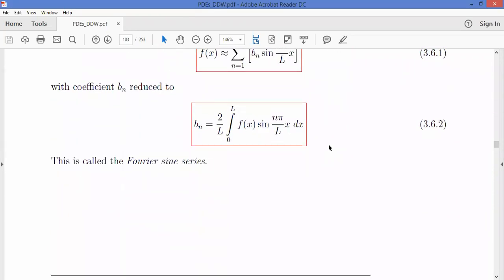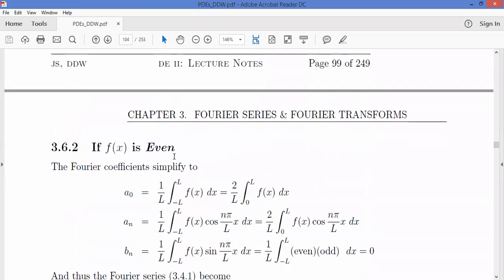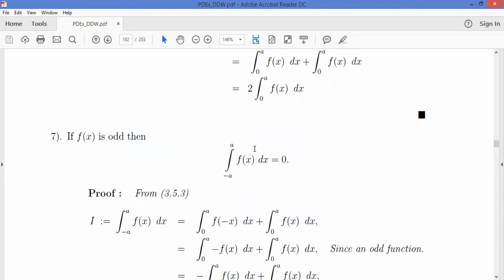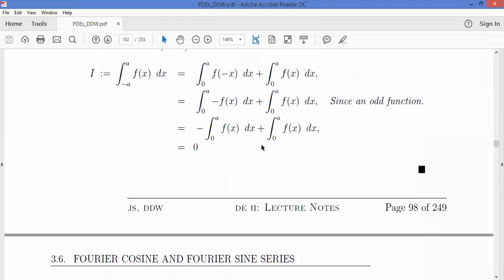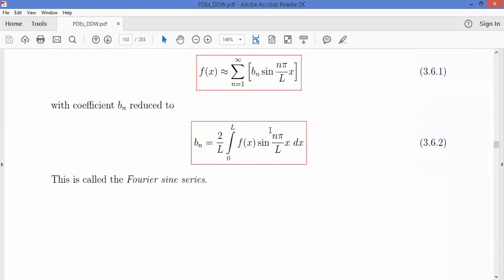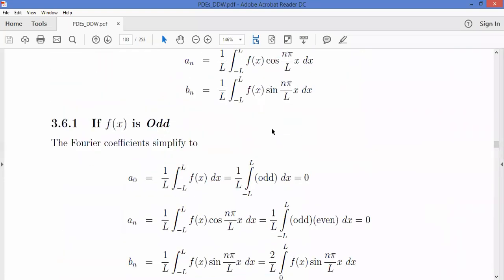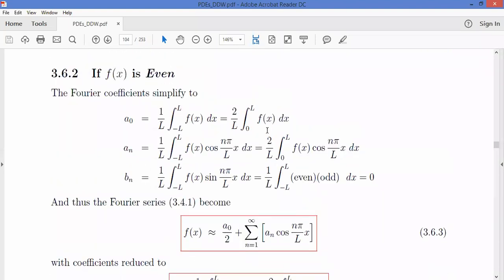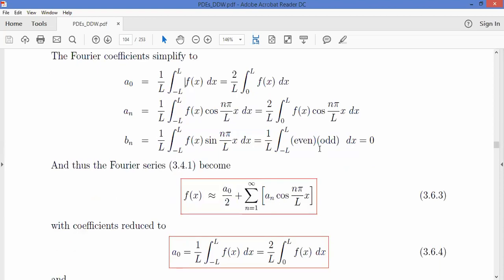So let us continue. Now, what if f(x) is even? I don't have to go back now. I'm sure properties 6 and 7 are on your fingertips, so this one will be even faster.